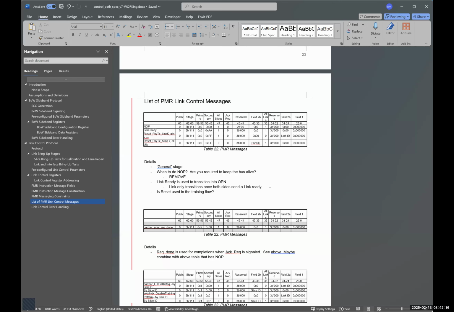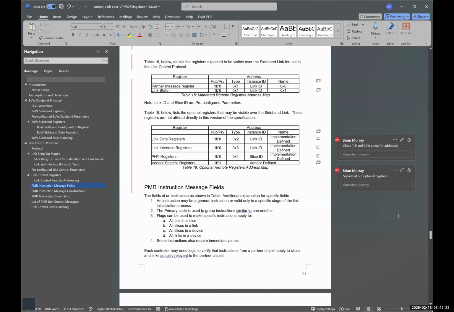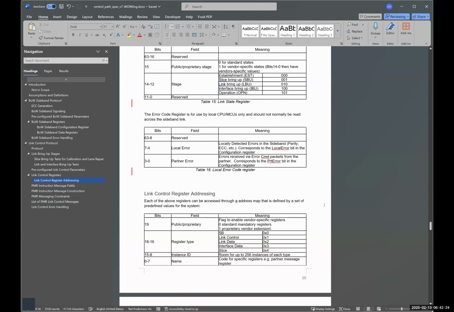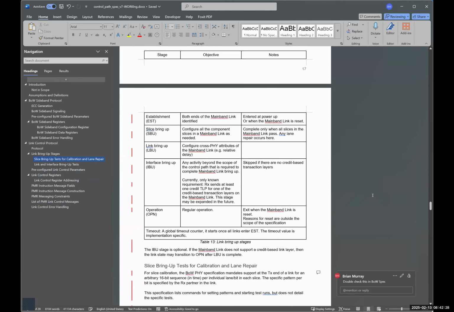So you're transitioning from, wait, let me look at the order again. Operational is the last one. So shouldn't this be in the state, because you're supposed to do these linearly, right?